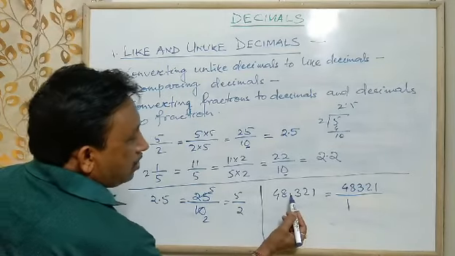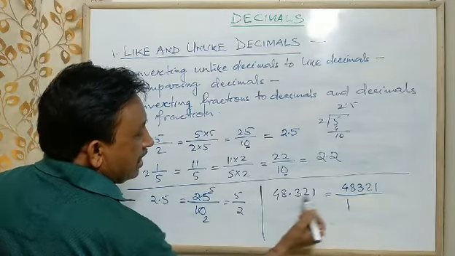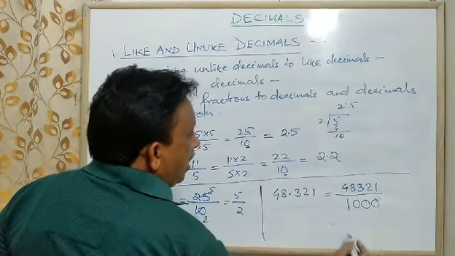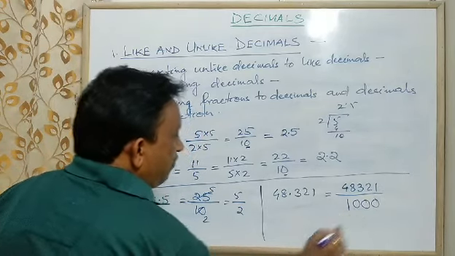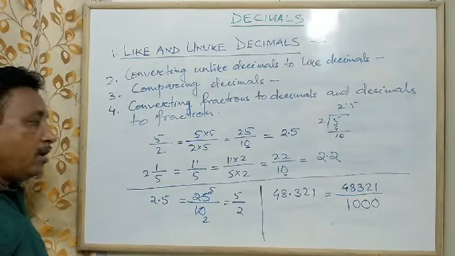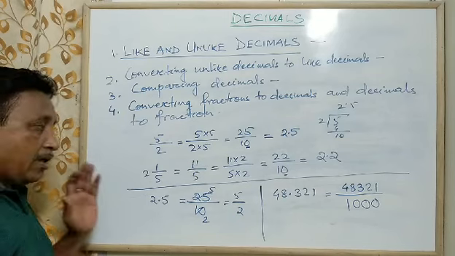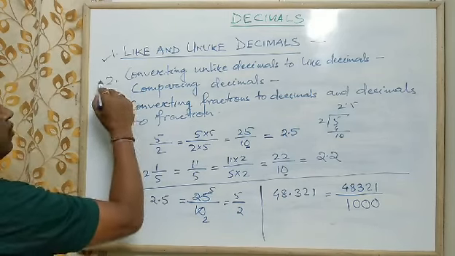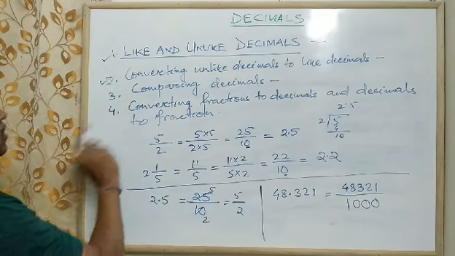Now I'll count how many decimal places there are. 1, 2, 3. So I'll put 3 zeros. Now this is the fractional form of the decimal number 48.321.